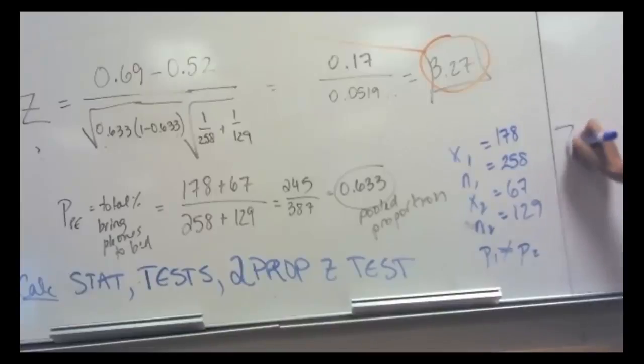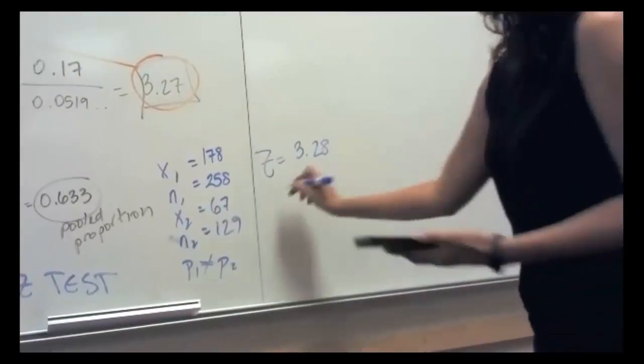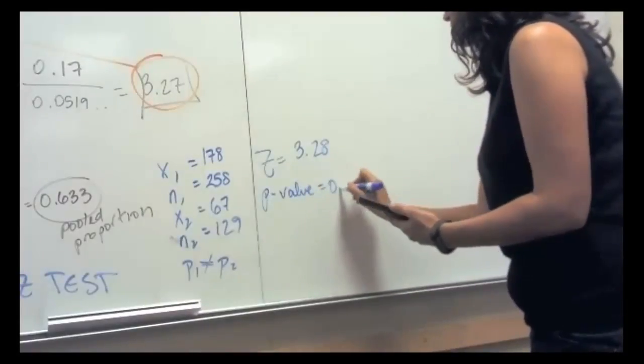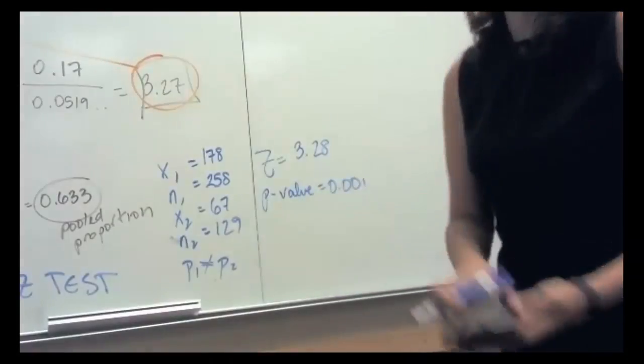Okay, I get Z is equal to 3.28. I get my p-value is equal to 0.001.